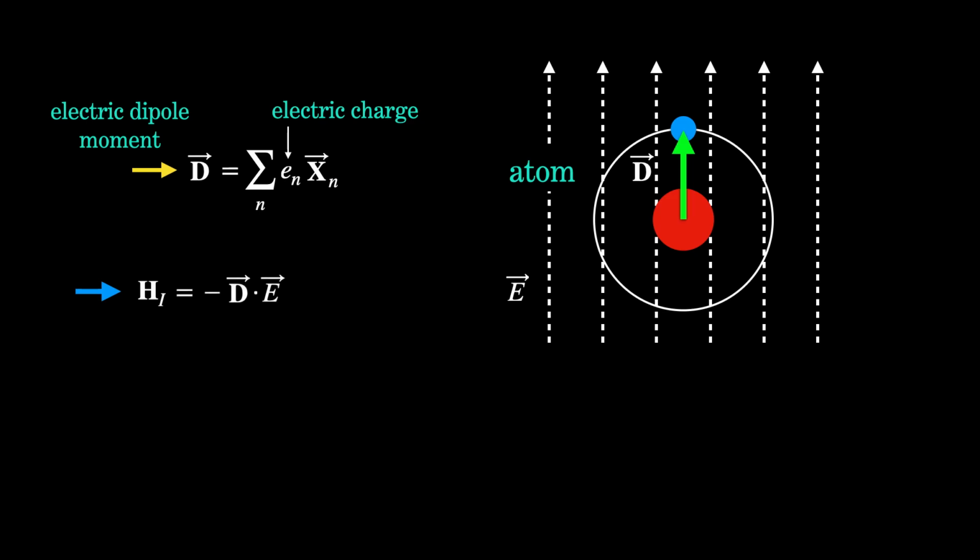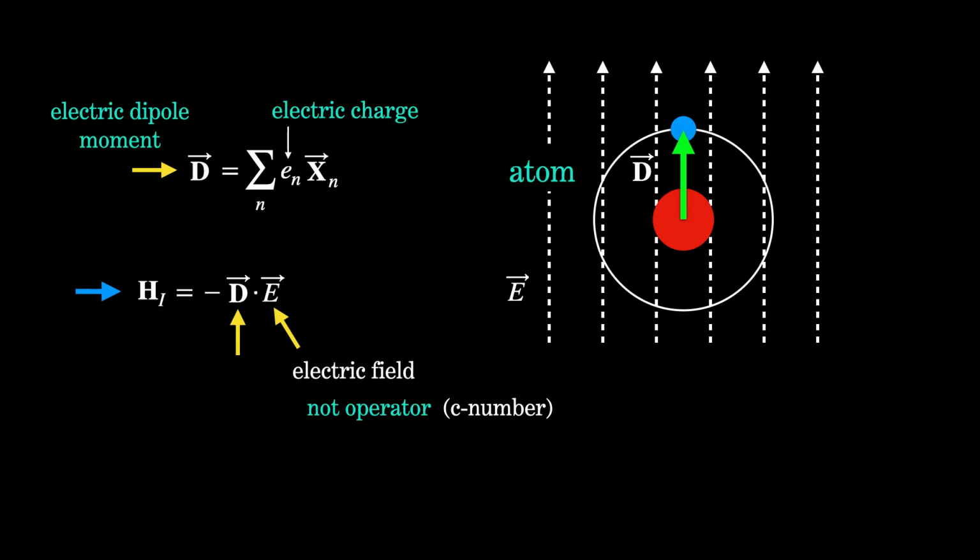H_I is the interaction Hamiltonian, describing the coupling of this dipole moment to an electric field. This electric field is represented as an ordinary number here, instead of an operator, because we have assumed that it is not quantized.